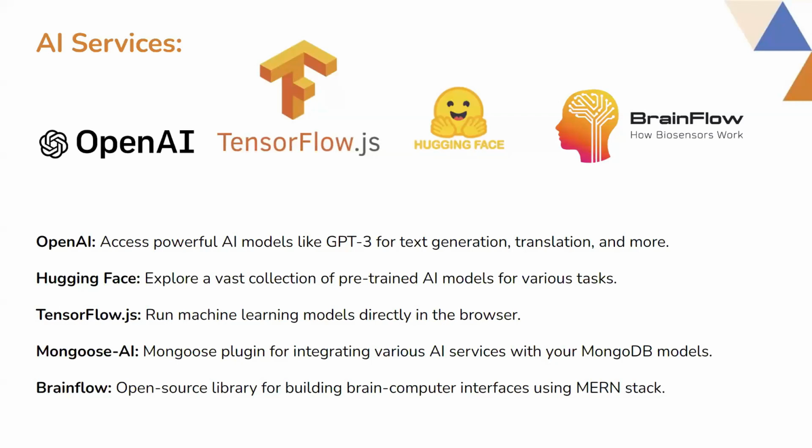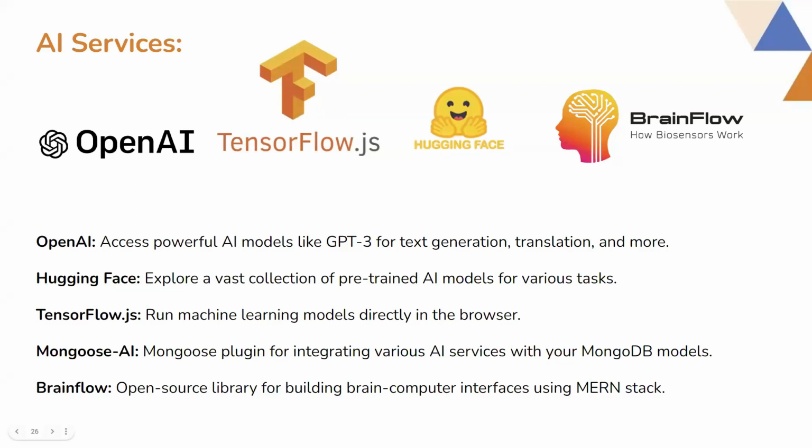There is another library, TensorFlow, which runs machine learning models directly in the browser. And there is Mongoose AI, a Mongoose plugin for designing and integrating various AI services within our MongoDB models.